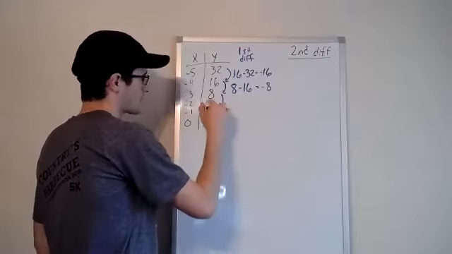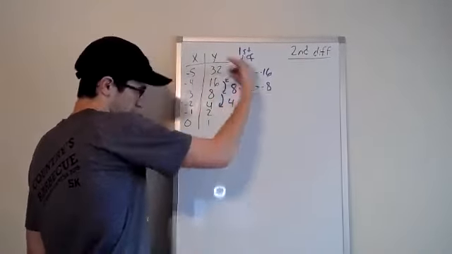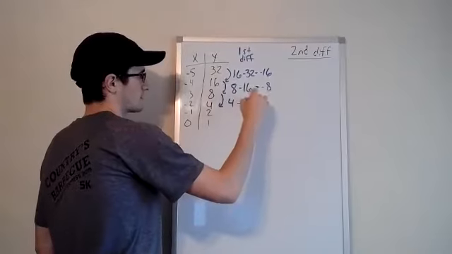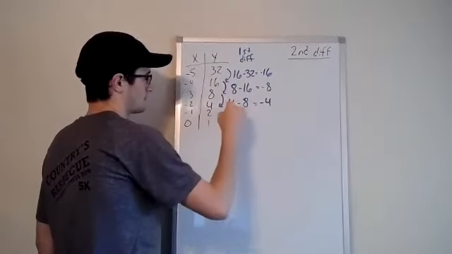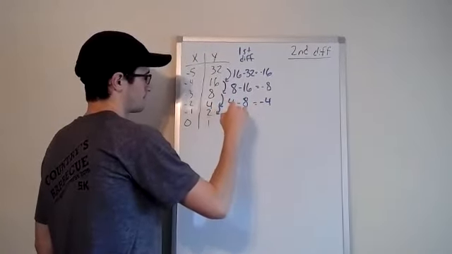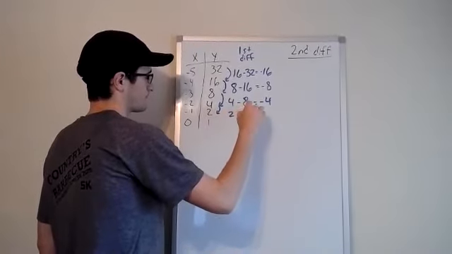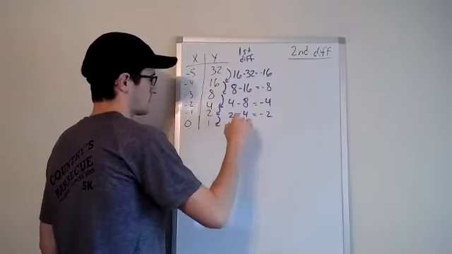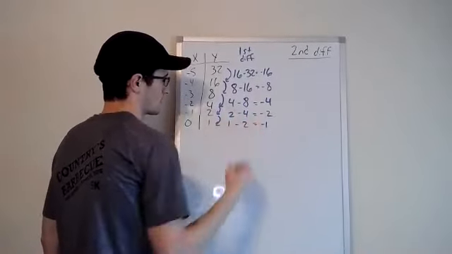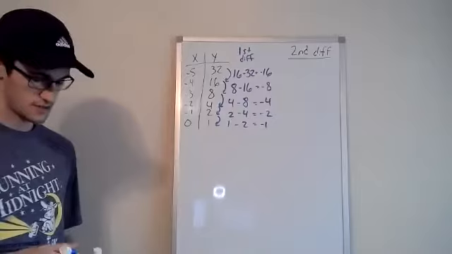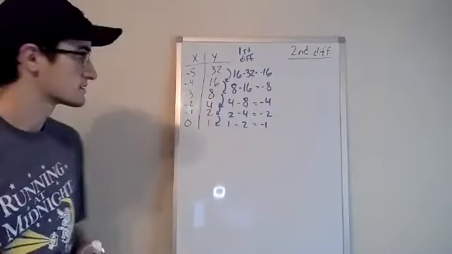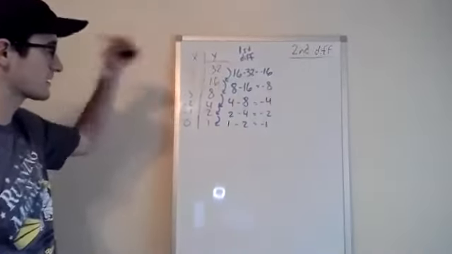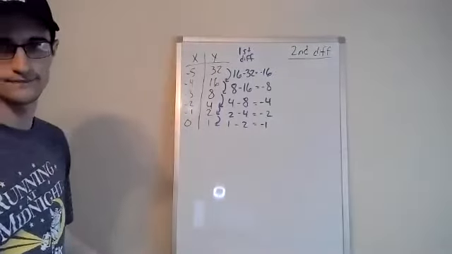So where I'm drawing my arrow to, you take that number and subtract it from the previous number. And that process is all going to be the same. No questions yet. All right. So we got -16, -8, -4, -2, -1.